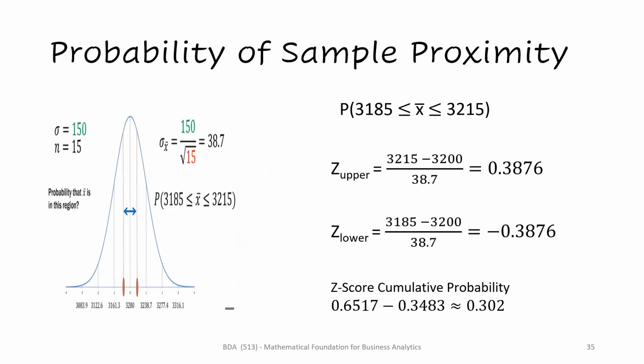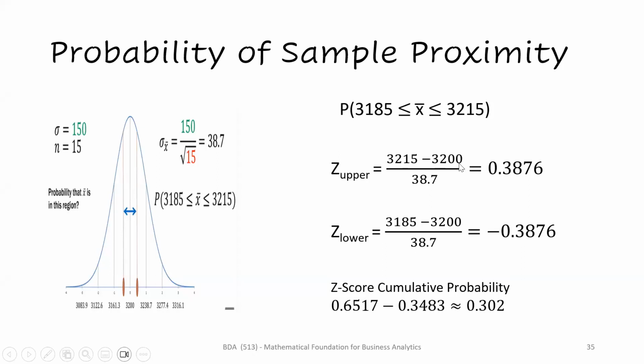So we know from our calculation that the upper value is 3,215, and the lower value is 3,185. So let's calculate the z-score for the upper value. Here we have the z upper. Remember that our mean for the whole population is 3,200.